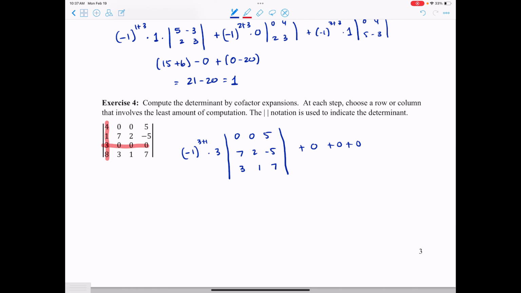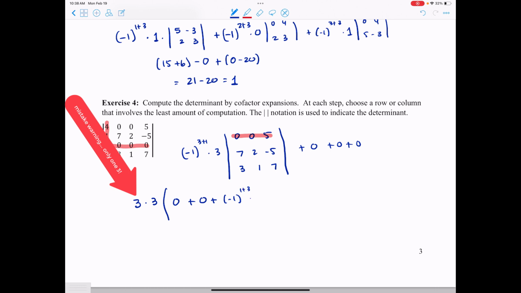At this point, you can use the shortcut for the 3 by 3, or you can use cofactor expansion again. So I'm just going to use cofactor expansion again. So I have 3 times, and if I look at row 1, I'm going to have 0 plus 0, and then negative 1 to the, that is in row 1, column 3, times 5 times the determinant of what's left, so 7, 2, 3, 1.